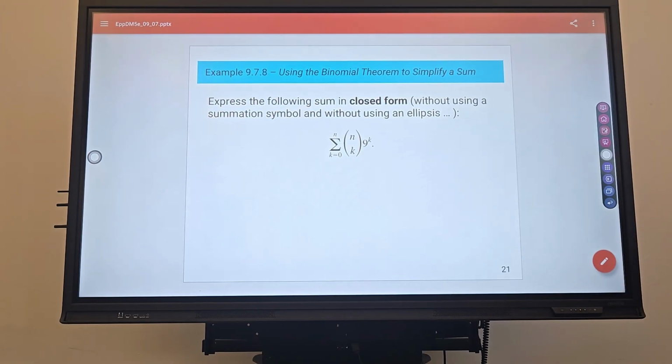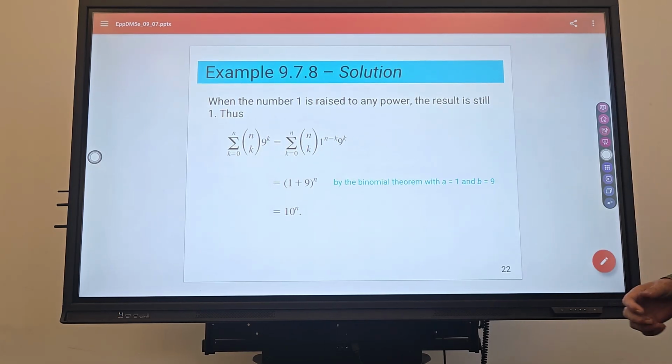Express the following sum in closed form without using a summation symbol and without using an ellipsis. Summation of k from 0 to n of n choose k, 9 to the kth power. Well, when the number 1 is raised to any power, the result is still 1.